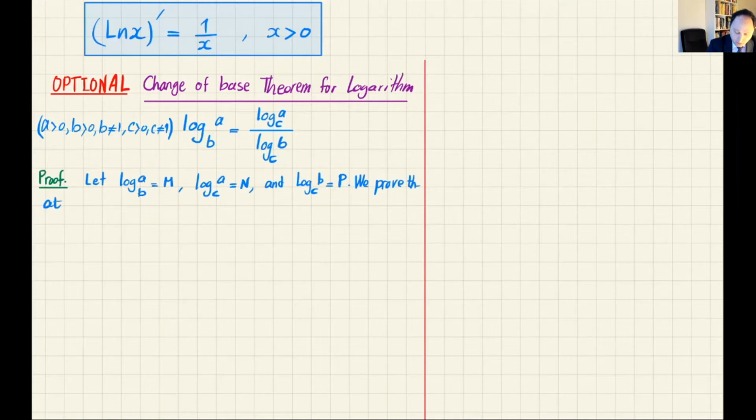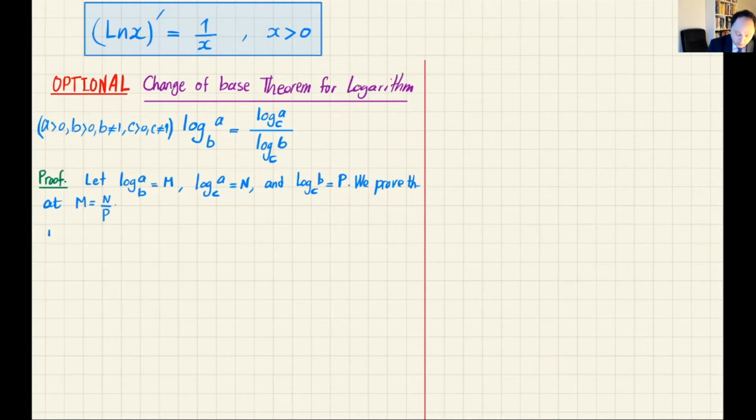My goal is to show that m is equal to n over p. If I can show that m is equal to n over p, then I am done.